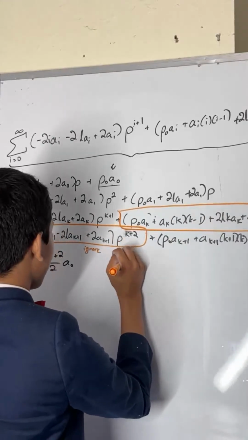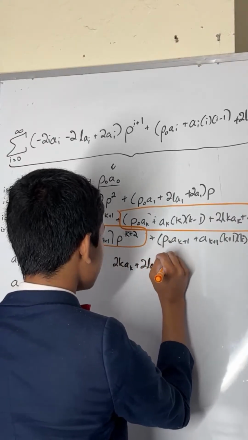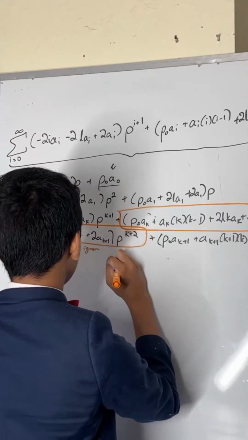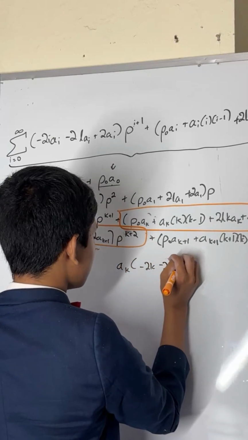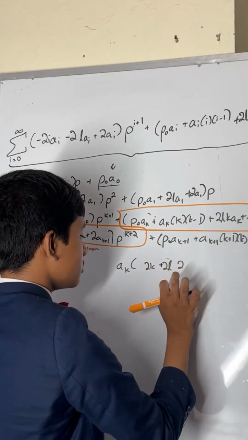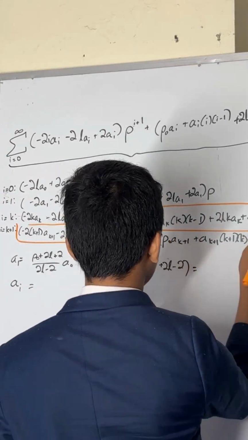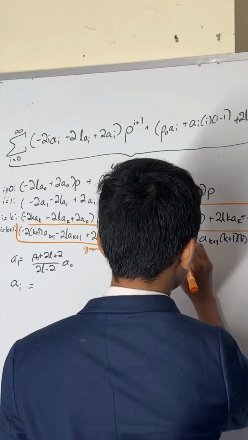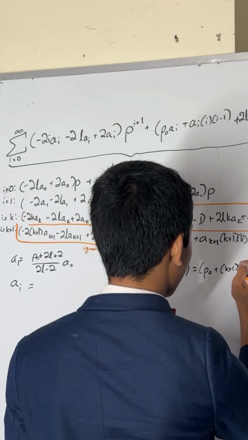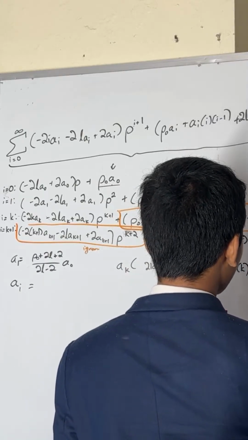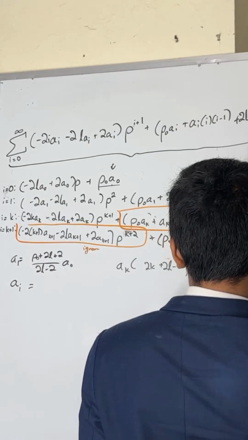So 2k ak plus 2l ak minus 2ak, or in better terms, ak times minus 2k minus 2l plus 2, or 2k plus 2l minus 2, has to be equal to a rho naught plus (k plus 1) times (k plus 2l)(k plus 1) plus 2 times (k plus 1) a(k plus 1).